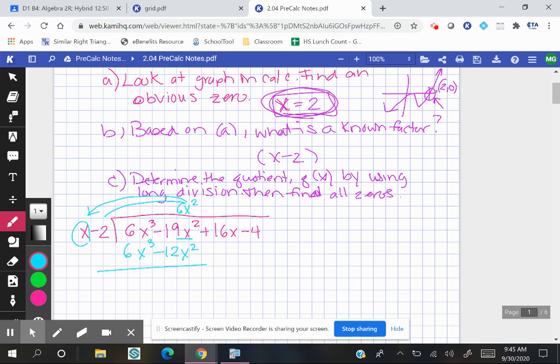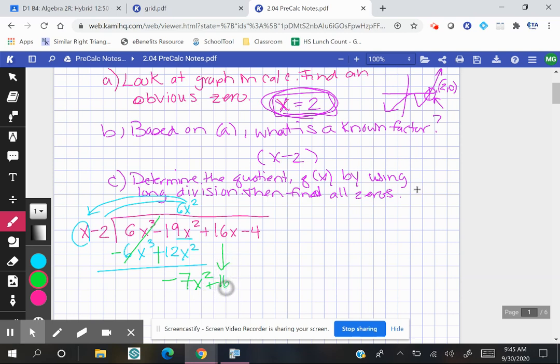You want to make sure you change the signs of both of them. So distribute the negative. So negative, and that becomes a plus. And now we're going to add straight down. So we have negative 19 plus 12 would give us negative 7x squared. These cancel, and then you bring down the next one.